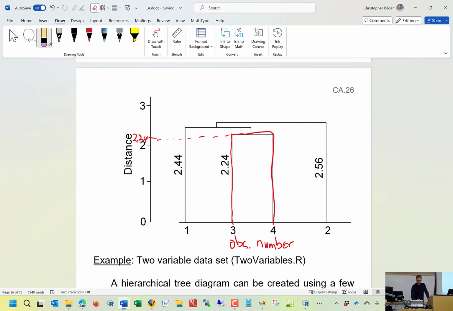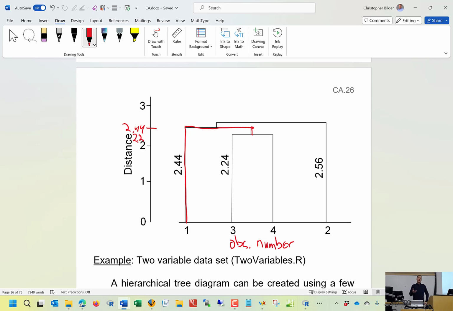Okay. Next, remember, 1 was joined to 3 and 4. And so we can see that indeed, here's 1. It's drawn out to 2.44, and it's joined then to what we had for 3 and 4. And then lastly, you can see how 2 is joined to the other ones.